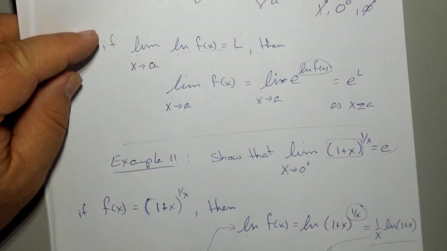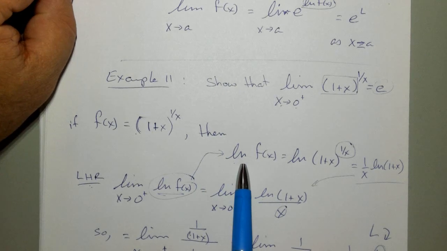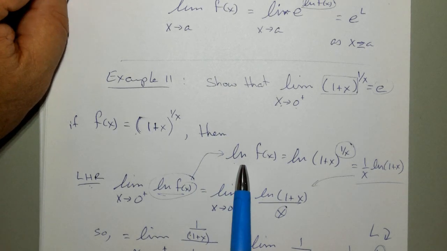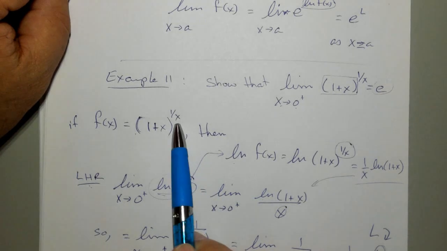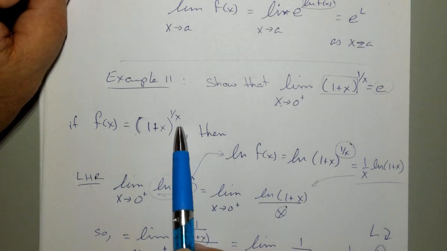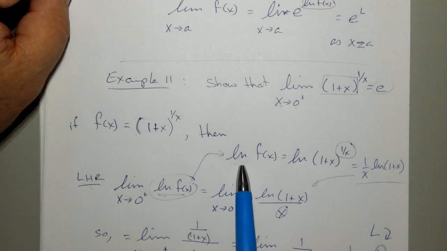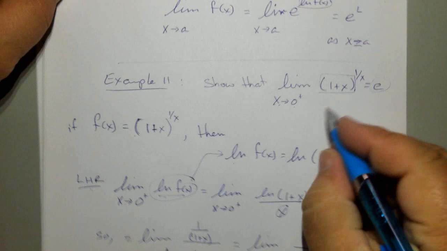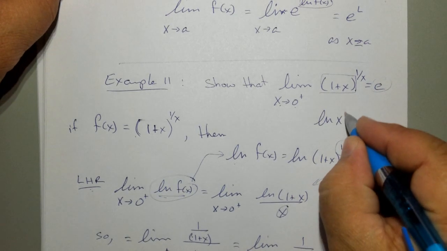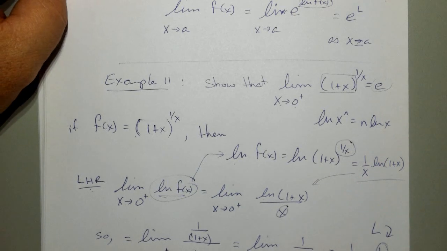So the question should be, why do we take an ln? Well, we're taking ln because our exponent has a variable. We have to get the variable out of the exponent. That's what the ln does, because of this rule: ln of x to the power n is n ln x.